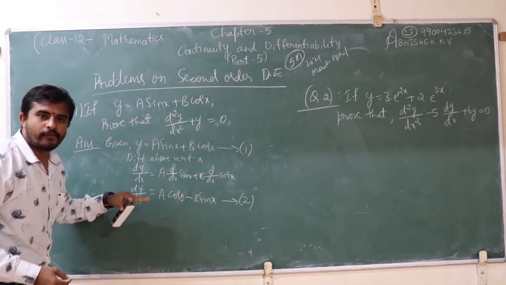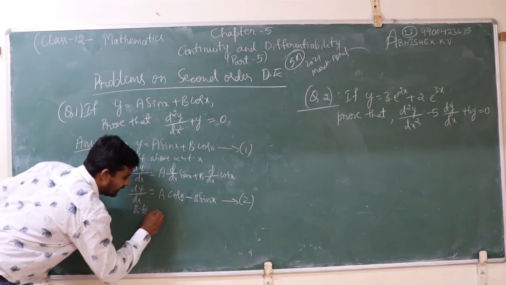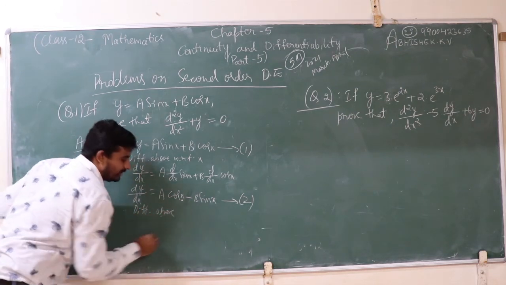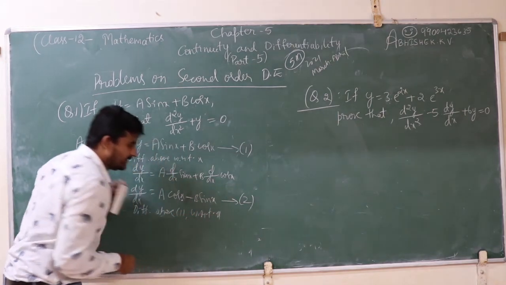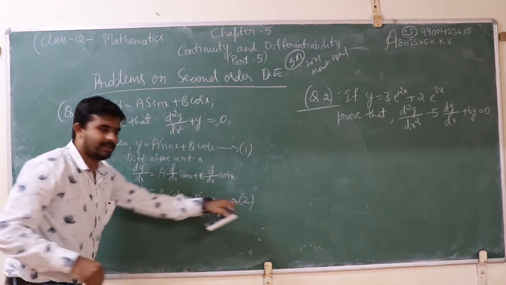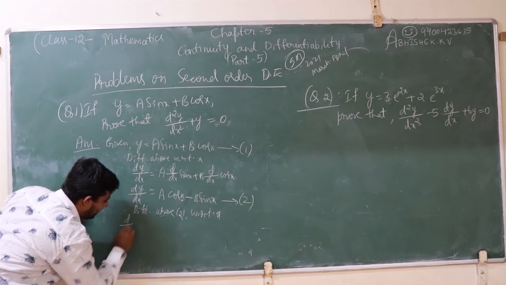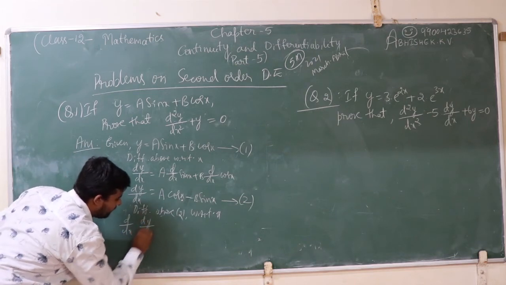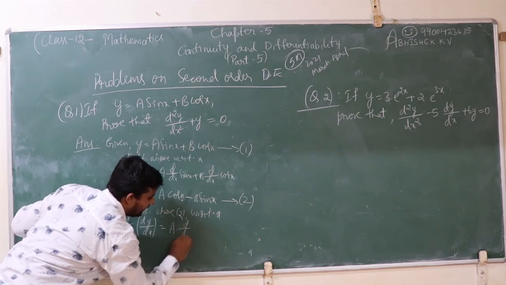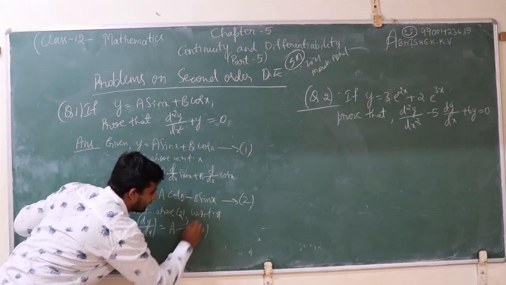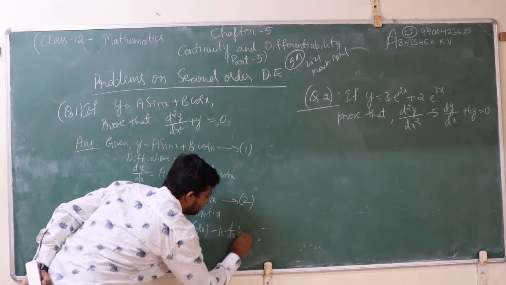See, this is the first order derivative. We need to differentiate again. Differentiate equation 2 with respect to x. Then d by dx of dy by dx is equal to a into d by dx of cos x minus b into d by dx of sin x.